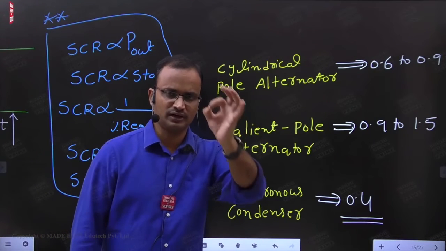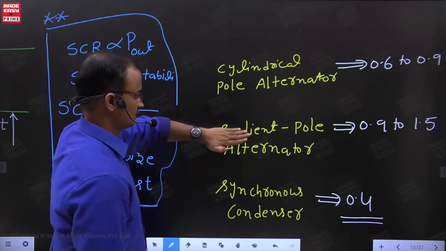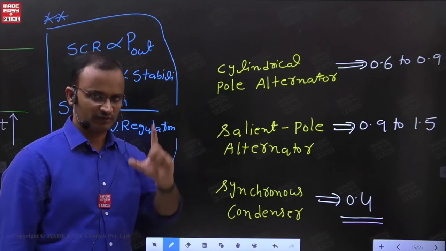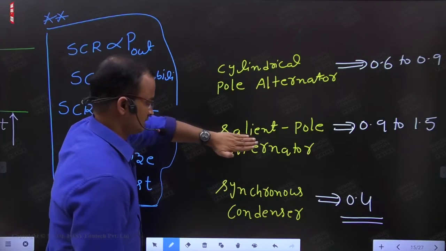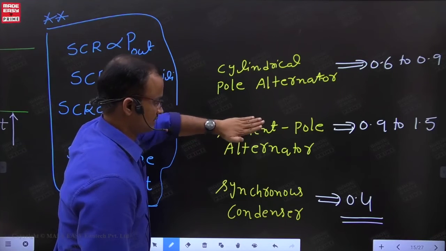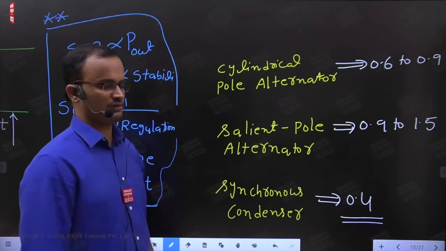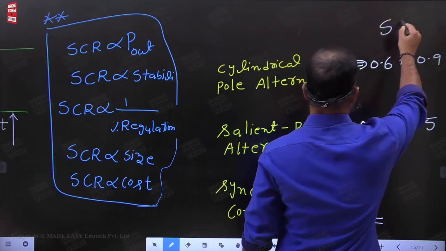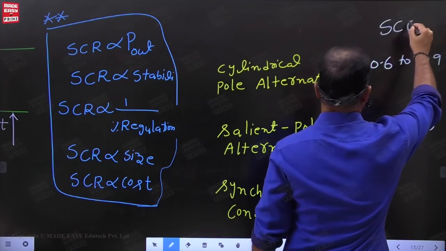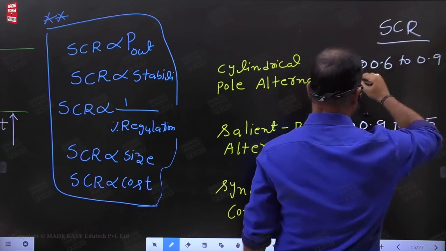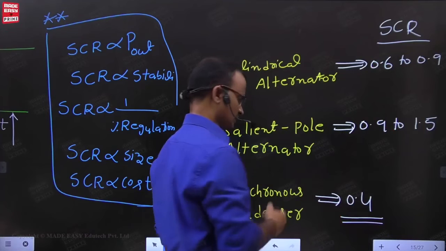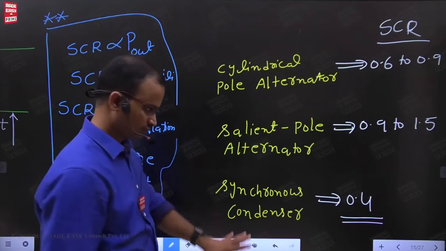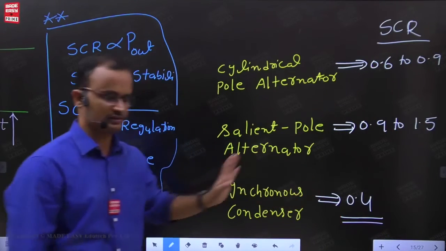Our main aim is to conclude that the SCR of the salient pole alternator is greater when compared to the cylindrical pole alternator. All these are with respect to SCR values for the cylindrical pole, salient pole, and synchronous condenser. For the synchronous condenser, it is less.